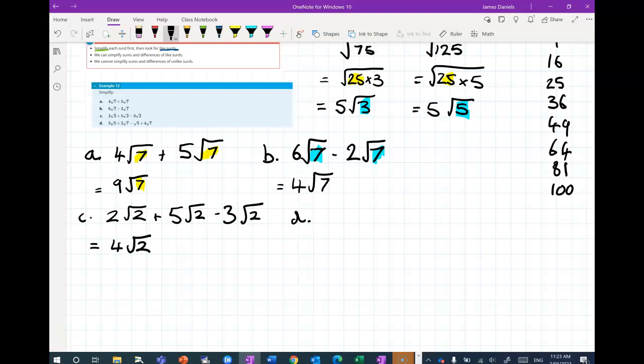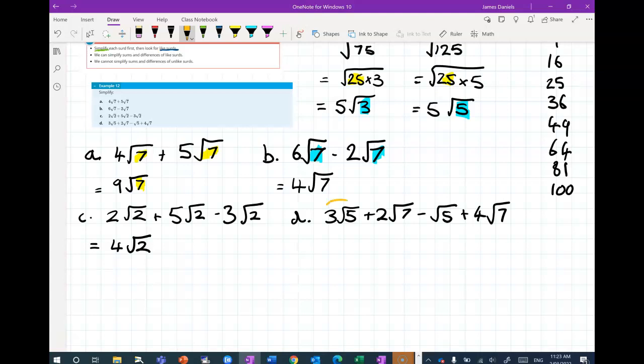All right, example D. 3 lots of root 5 plus 2 lots of root 7 minus 1 lot of root 5, add 4 lots of root 7. You might have noticed that these behave very similar to algebra, where we can only add and subtract like terms, while we can only add and subtract like surds.